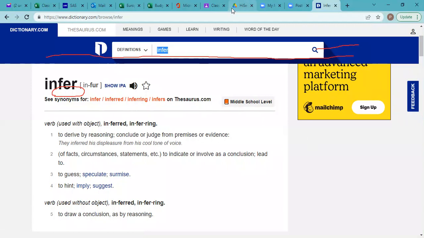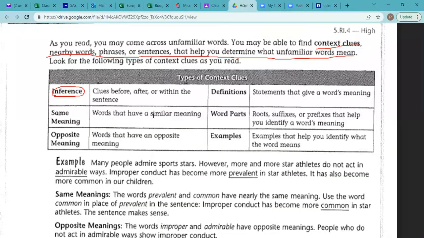All right. So we also are going to be looking at something called same meaning. What that means is words that have a similar meaning. A word for that, which they don't even put down here, is synonym.